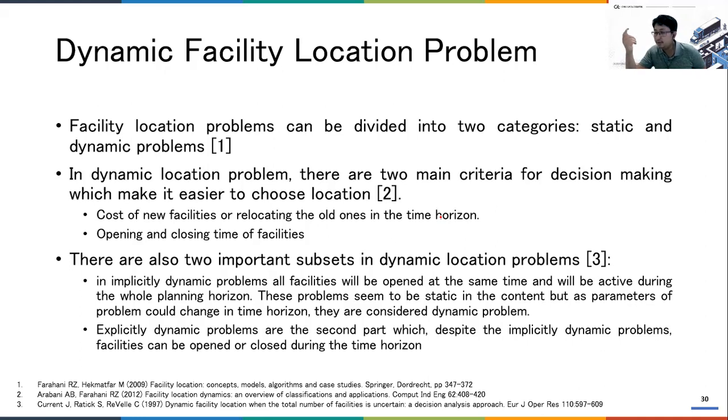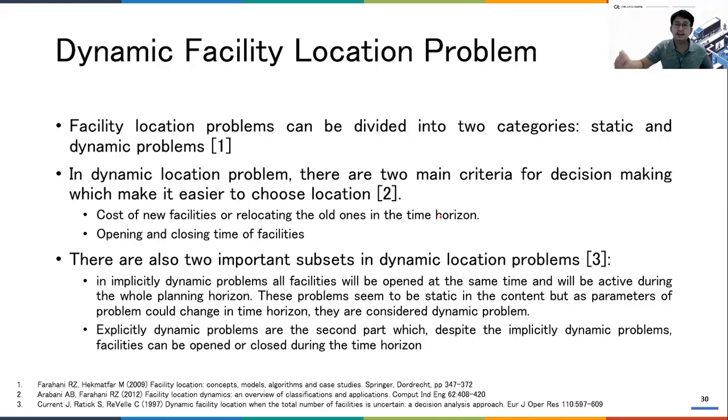First, you need to know the problem that you are going to solve: is it deterministic, static, dynamic, or stochastic? Second, you need to really know what characteristics are being considered. Then you can find a literature or reference to see which one is the closest to the problem that you're going to solve, and start from that one and modify it.